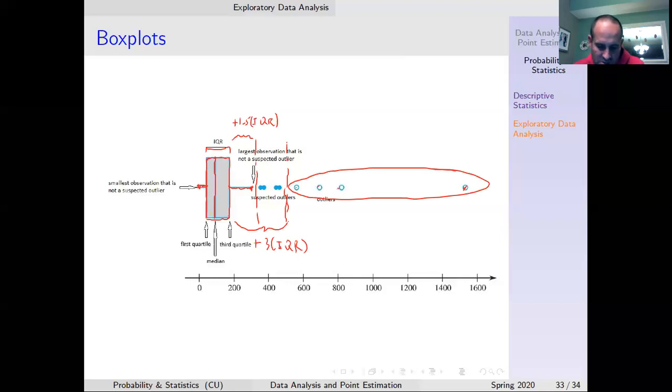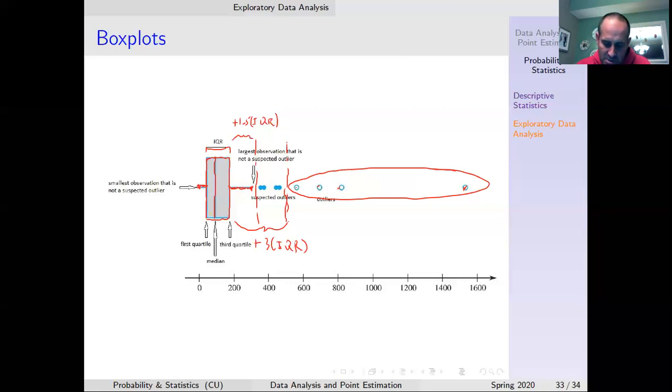And you just label them as such. So what we've done here is we've filled in the data values that are suspected outliers, and we've just put little circles at data values that are flat out outliers. But you only put the whisker out to things that are not suspected outliers, okay?